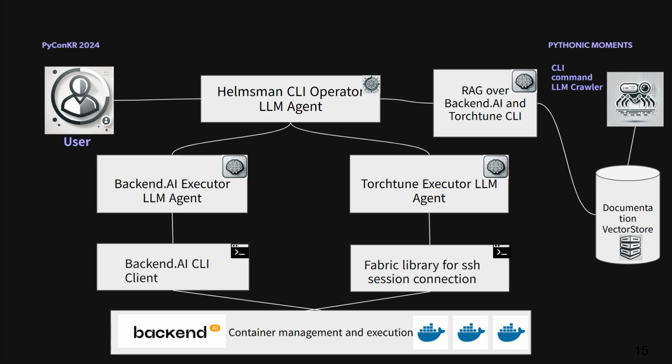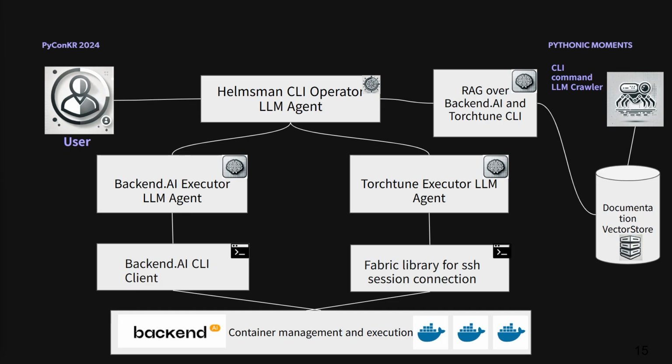In stage 2, the system handles user interaction and command execution. The supervisor agent, the Hetzman CLI operator, interacts with the user, verifying or refining commands like upload my Python code to a specific session.